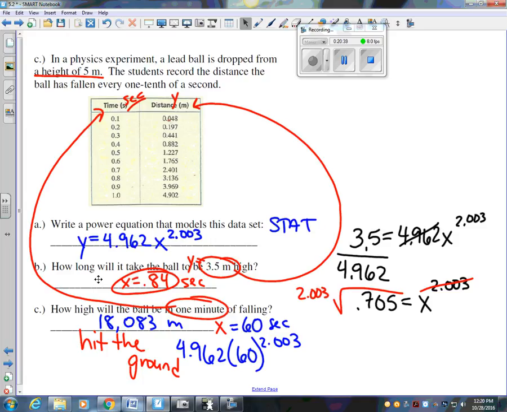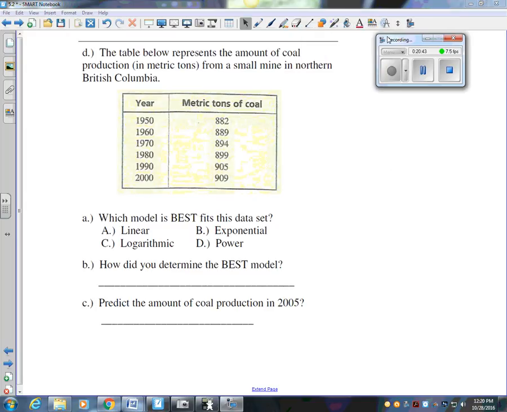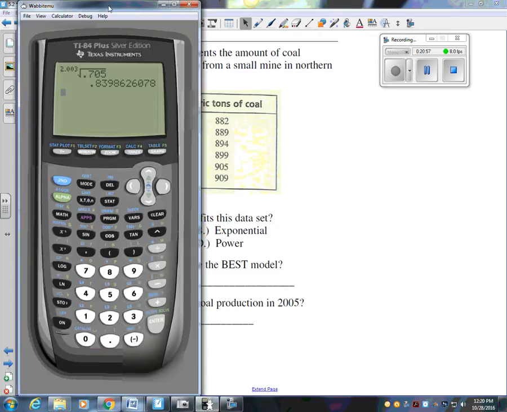Okay, all right, the last one. The table below represents the amount of coal production in metric tons from a small mine in northern British Columbia. Which model best fits the data? For this one, they don't tell you anything about X being the number of years since 1950, so you're going to put it in exactly like they give it to you.